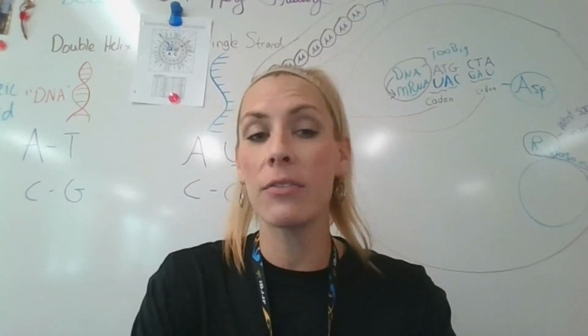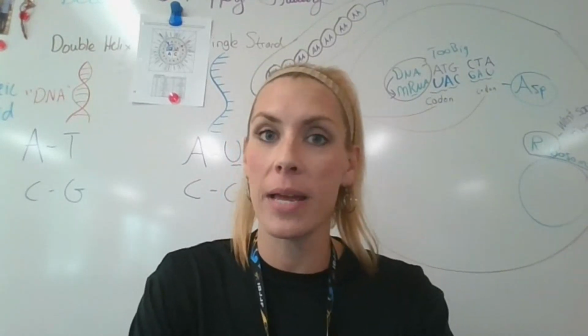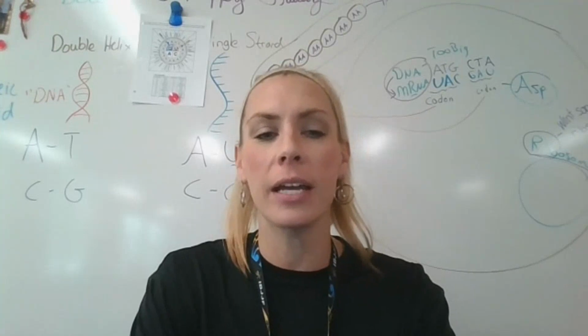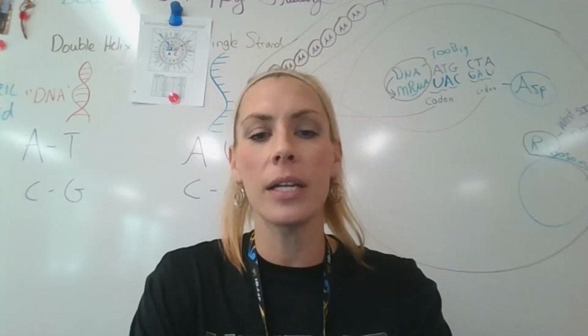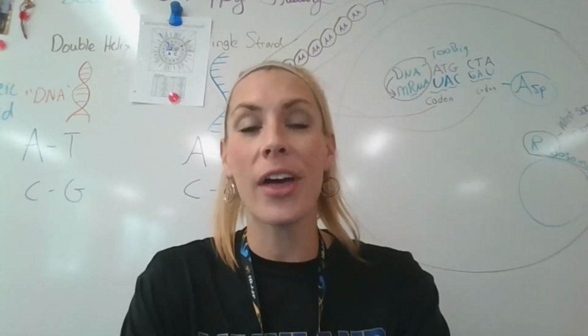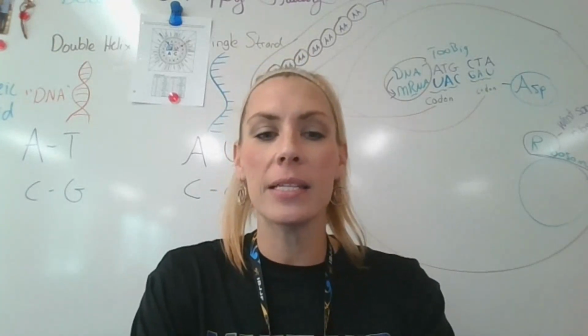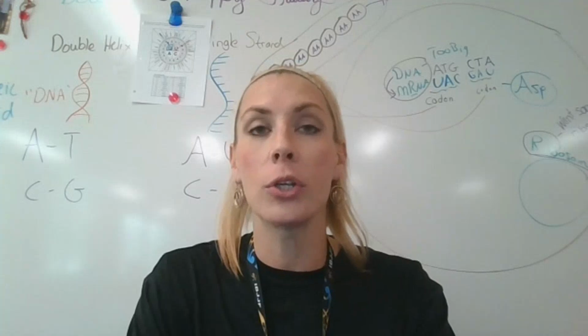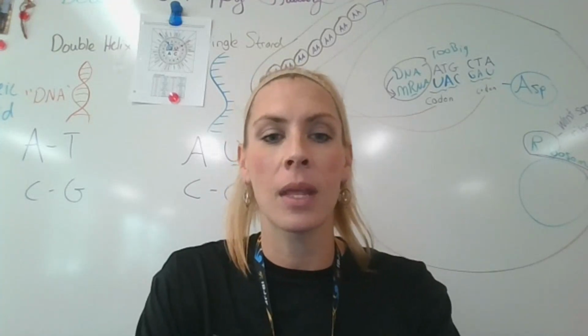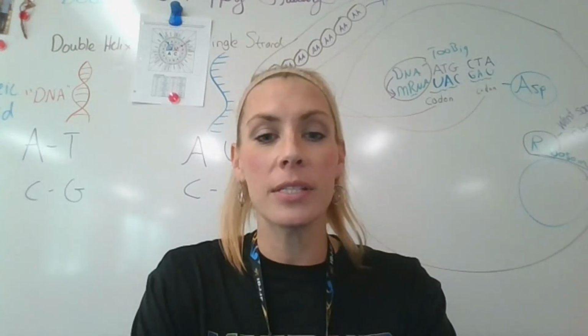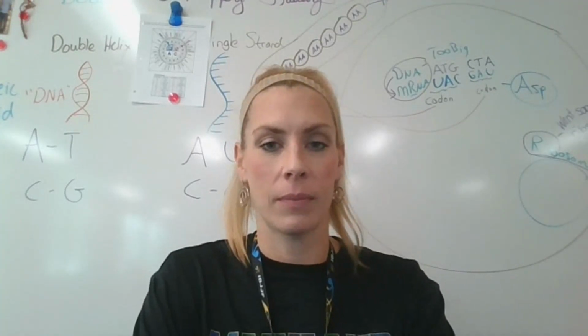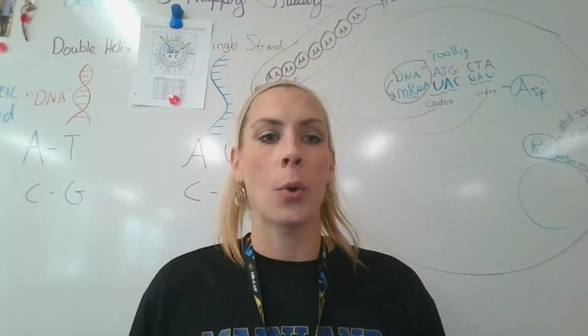When DNA turns to RNA, any kind of RNA, the only kind we've talked about is messenger, but there are other kinds. So anything RNA, there is no thymine, which is what T stands for. So the base that replaces thymine is called uracil. I'm going to spell it out, URACIL. There is still C's and G's.